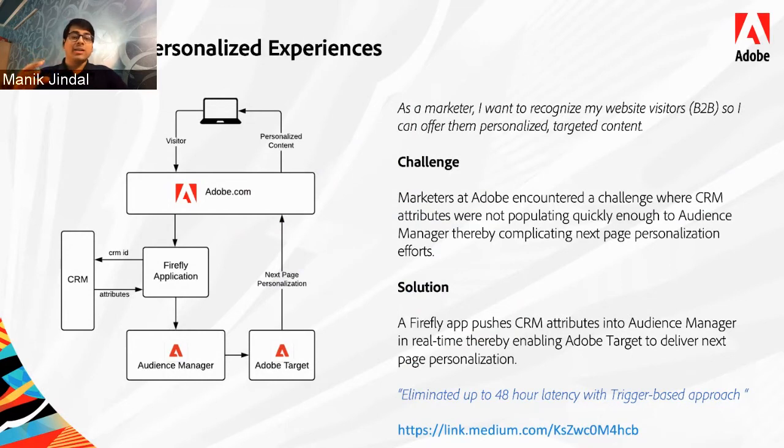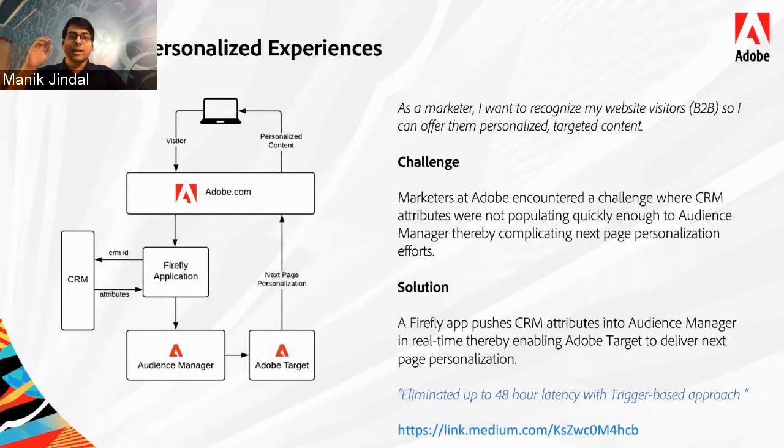So what the team at Adobe.com did was they used Firefly. Eat your own dog food, guys. They built a Firefly application that, whenever a visitor visited, would pull the attributes from the CRM system instead of waiting for the CRM to push them into Audience Manager at some point.